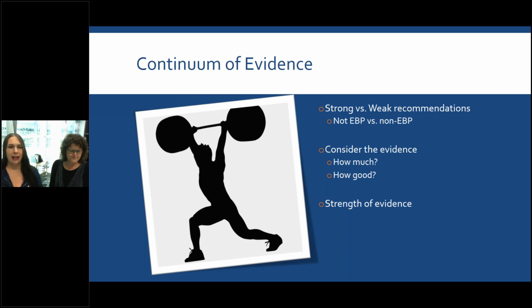There's a range. And you can make either strong recommendations or weak recommendations or anything in between with the information that you have available. So when you're looking at the evidence, whatever it is, it's not just enough to say, well, yeah, I looked up information and incorporated it into my practice, and that's great. You have to consider how much evidence do you have, how good is that evidence, and how strong a recommendation can you be making? How strong is this thing that you're proposing?